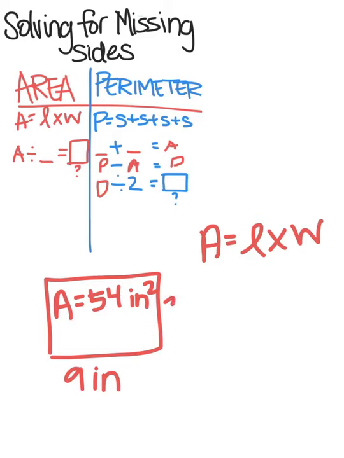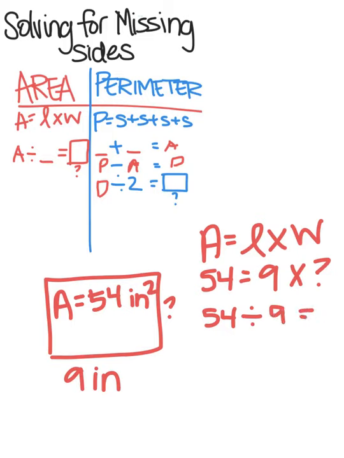So my area is 54. My length is 9 times my width, which is, I don't know. Some of us can figure it out from this point. But if you don't realize it, you're going to take your 54, which is your whole. You're going to do the inverse of multiply, which is divide, by your given length, which is 9.